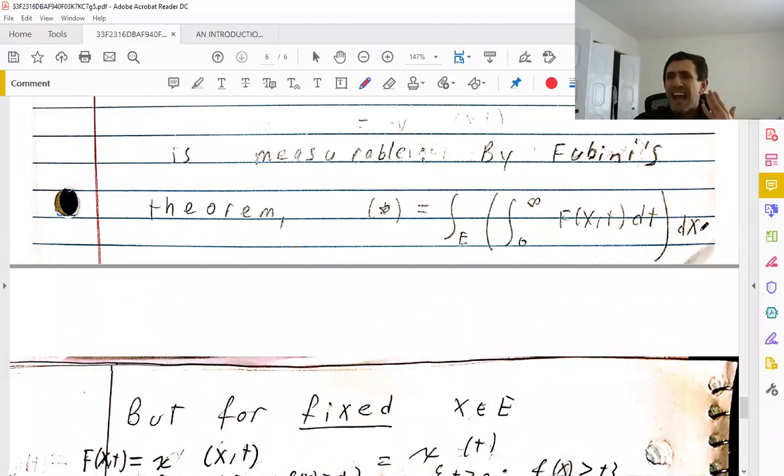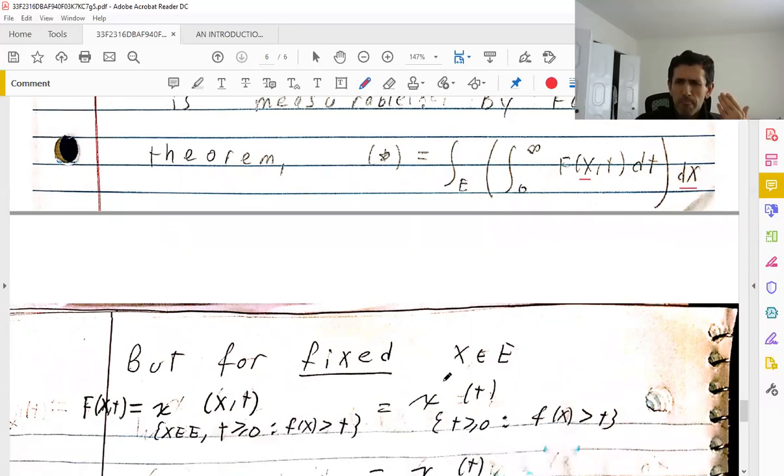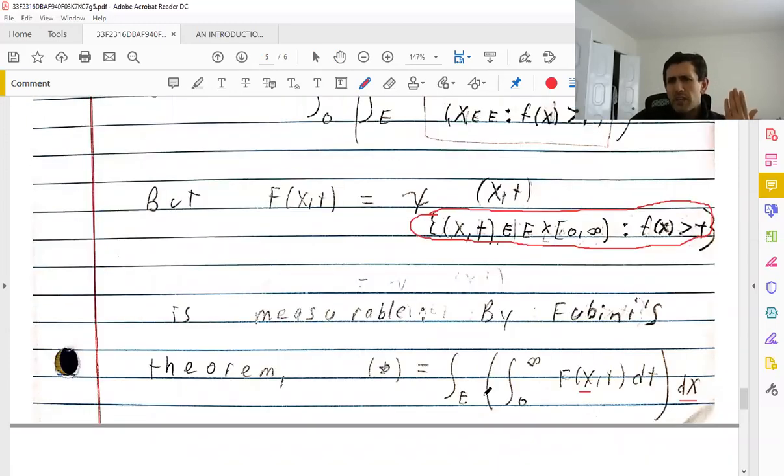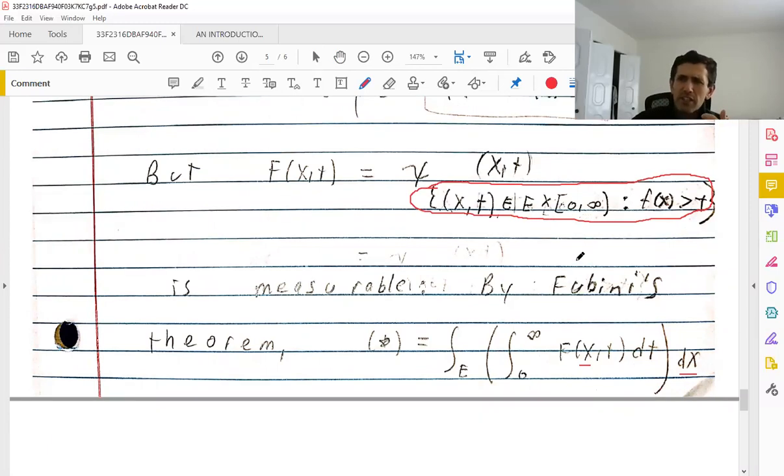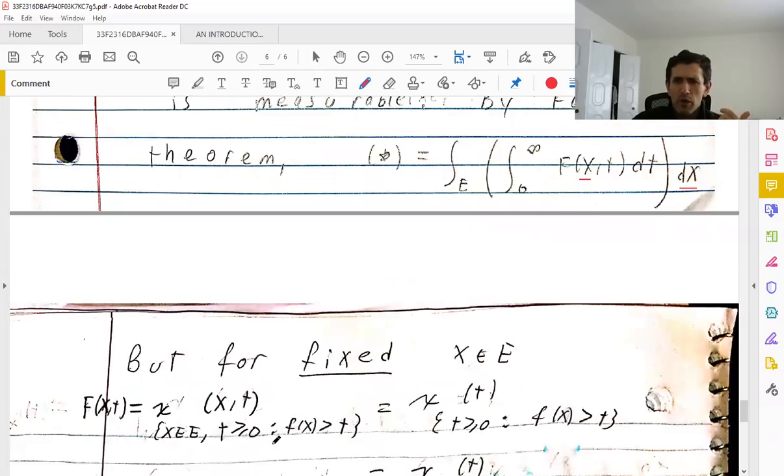We want to do it for fixed x because we're evaluating this integral for fixed x. Okay? So here x is fixed. Well, basically the same thing. Instead of saying (x, t) is in E times 0 to infinity, that means x is in E and t is bigger or equal to 0. But still, f of x is bigger than t.